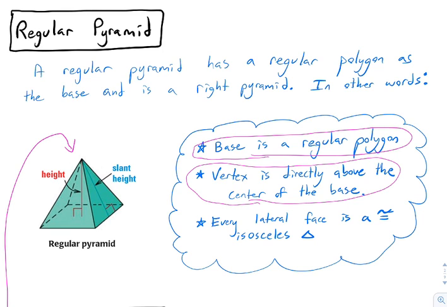Now, we could talk about just any pyramid, and a lot of these formulas would, in some fashion, still work. The problem is, if you talk about how do we find the surface area of an oblique pyramid, or a pyramid where every single one of the lateral faces is different, then you're going to at least have to label the slant height being different, or the height of every single different triangle.